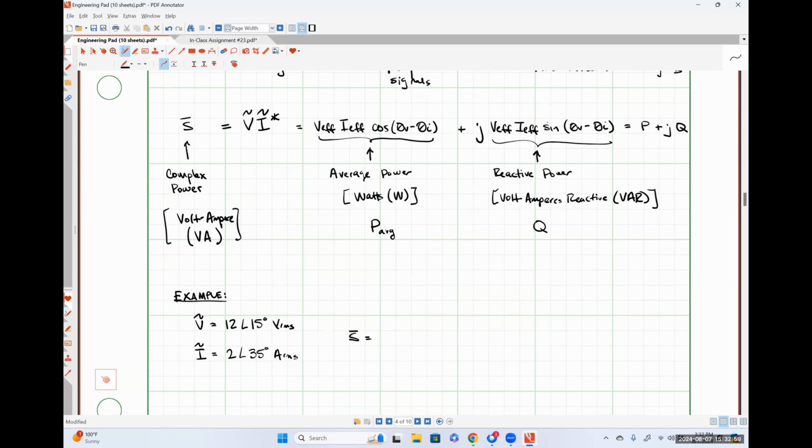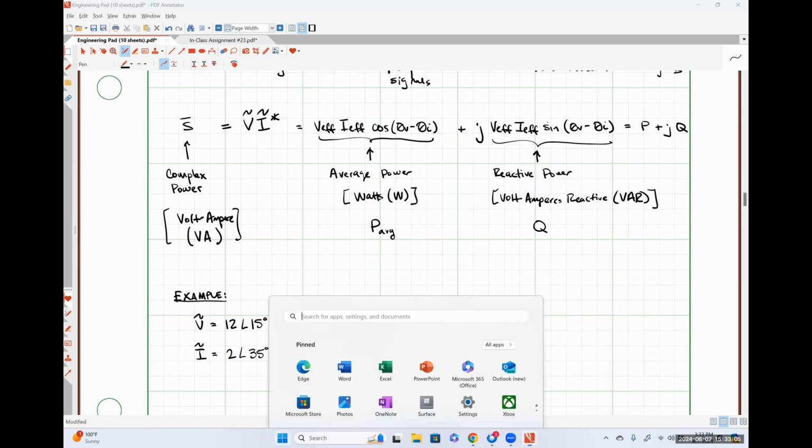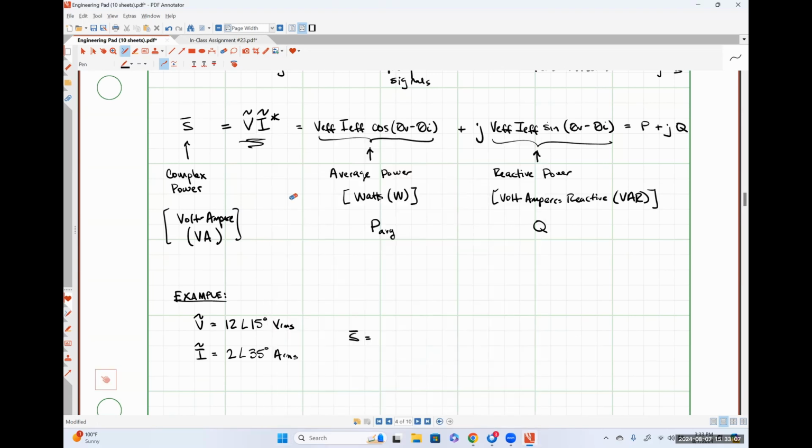I want you guys to calculate the complex power. Literally just use this equation up here and tell me what answer you get.